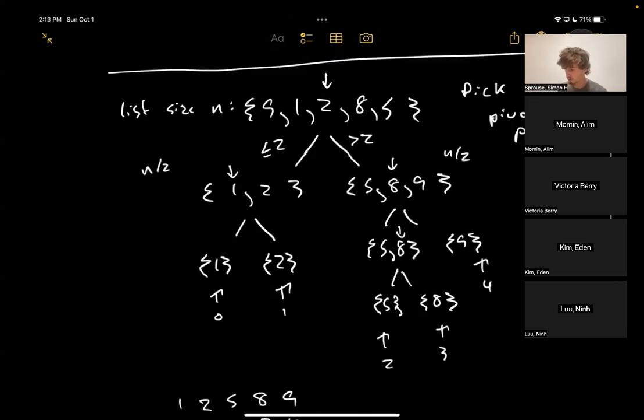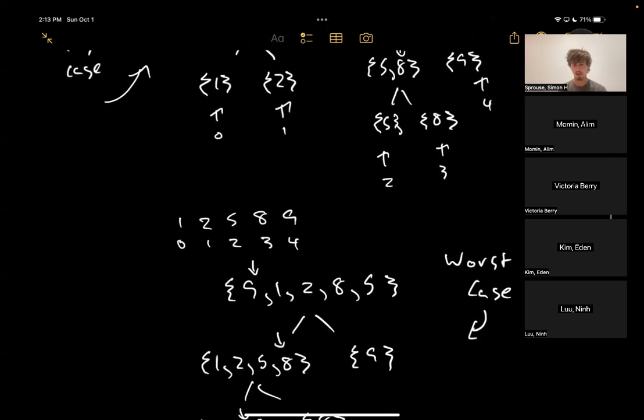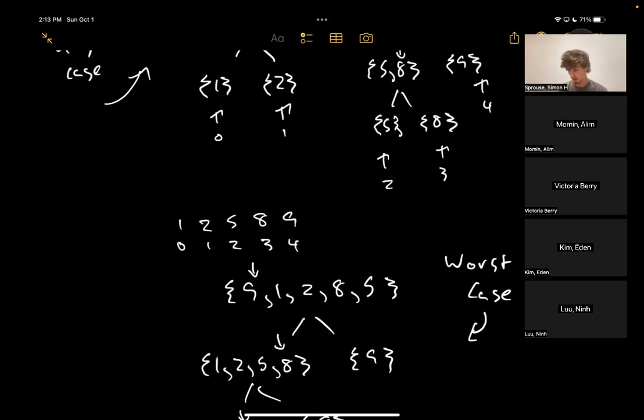Whereas this one up here, I'm going to call the average case. And the difference between the average case and the worst case is how you make this choice right here, how you pick your pivot point. That's what separates the two cases.